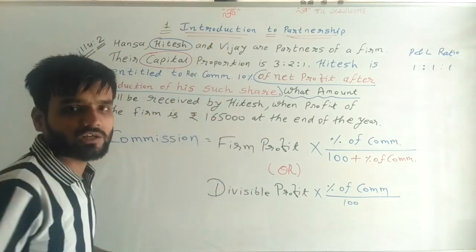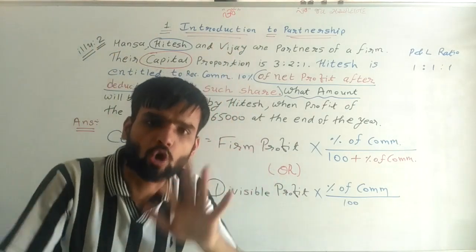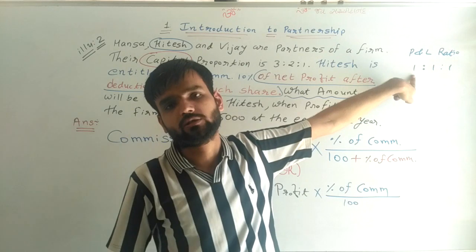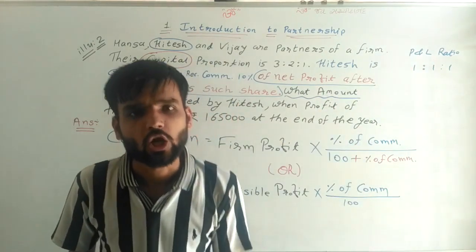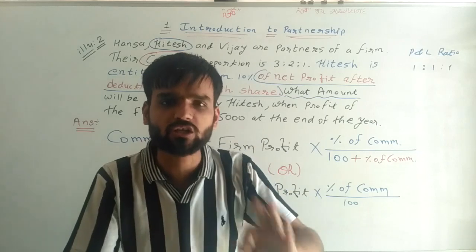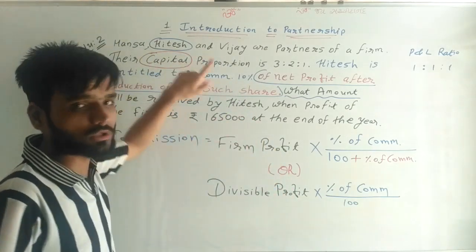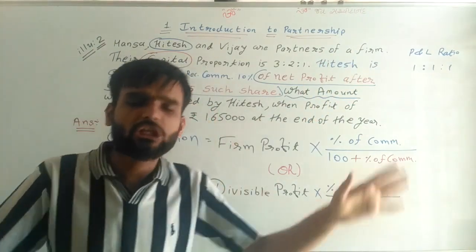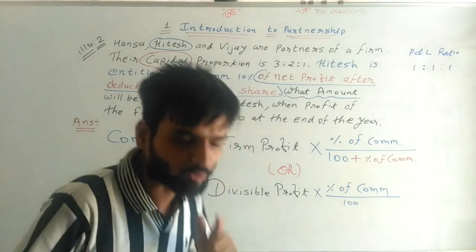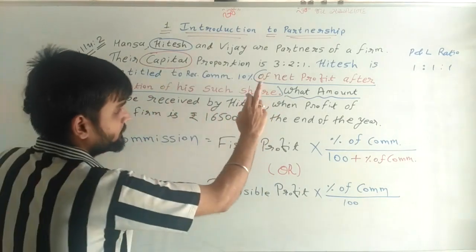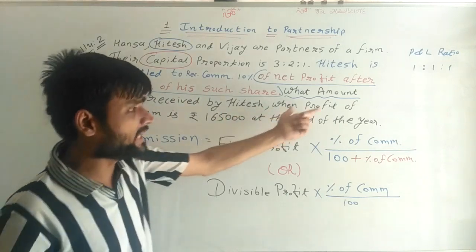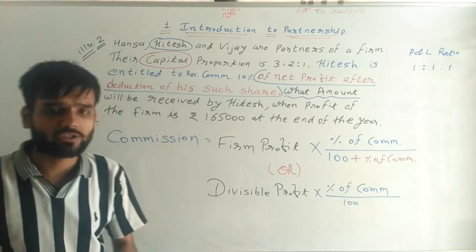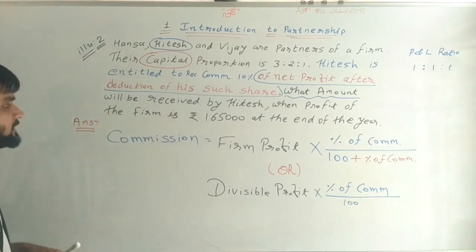What about other partners? Other partners receive only the profit portion, and the profit and loss ratio is equal proportion. Why equal proportion? Only because the information is not given. Information is given about capital proportion, not profit and loss proportion. That's why we take the profit and loss ratio as equal. Now, what amount is received by Hitesh when the firm's profit is rupees 1,65,000?